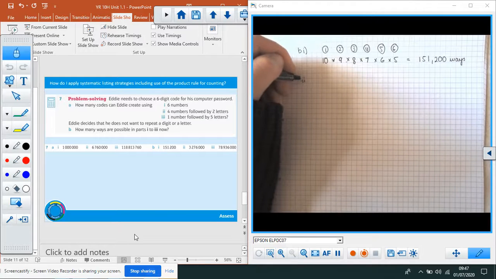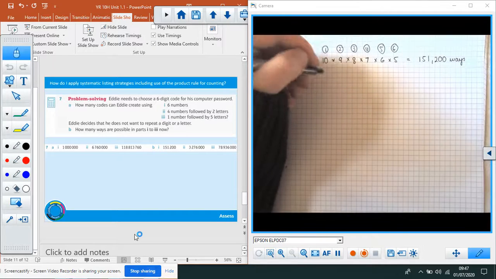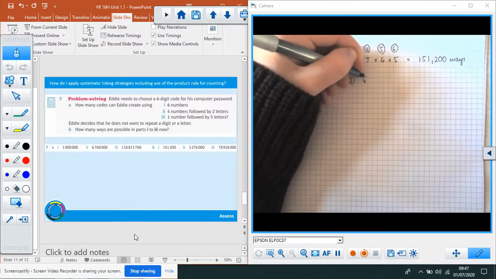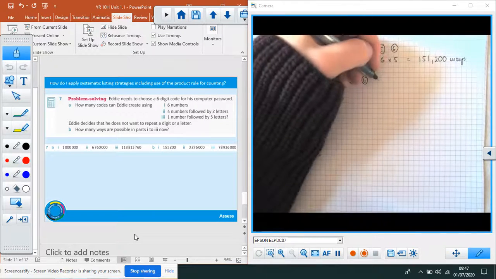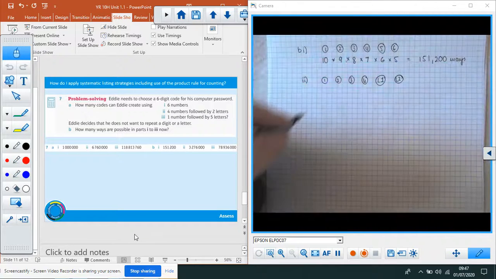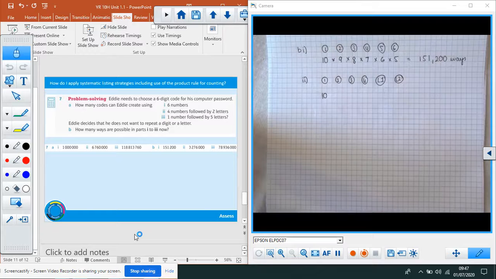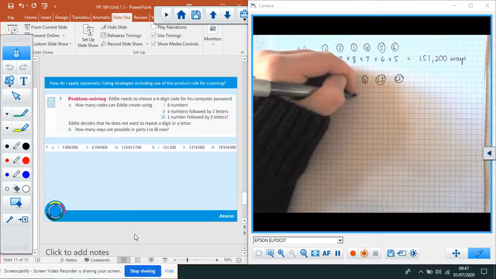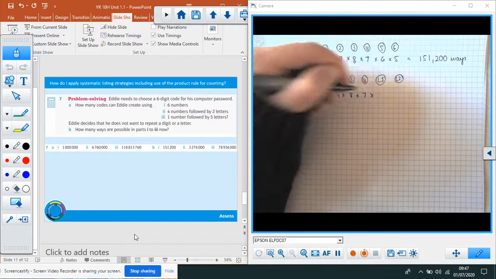So for part 2, he wanted 4 numbers, so 1, 2, 3, 4, followed by 2 letters. So he's got letter 1 and letter 2. Okay, so he would have 10 options for the first number that he picks, 9 for his second digit, 8 for his third, and 7 for his fourth.